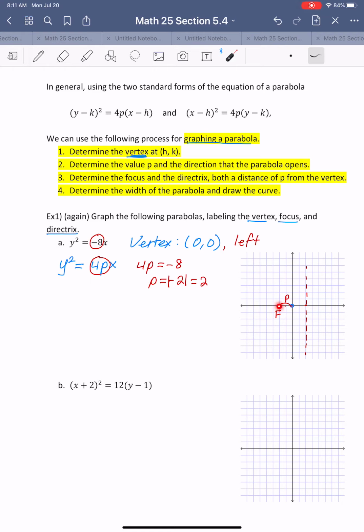So from the focus you go 1, 2, 3, 4 right here, and then go down 4 units, 1, 2, 3, 4, right here. And this is how you graph.